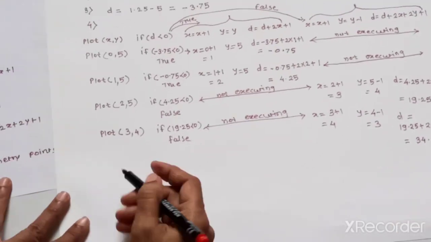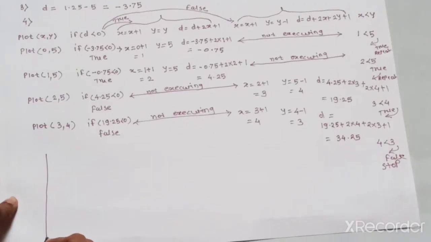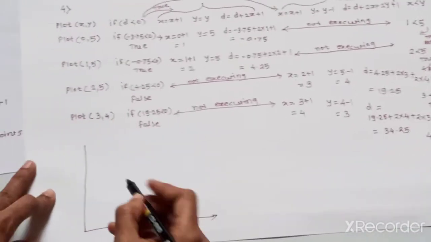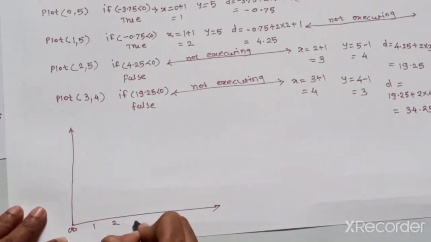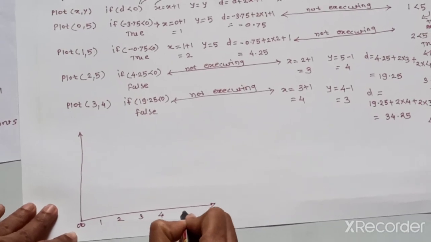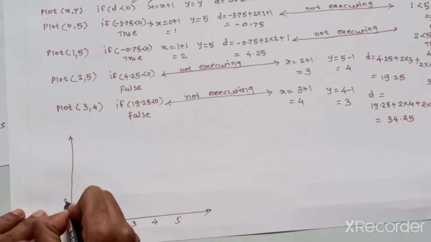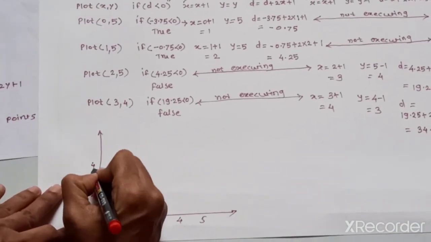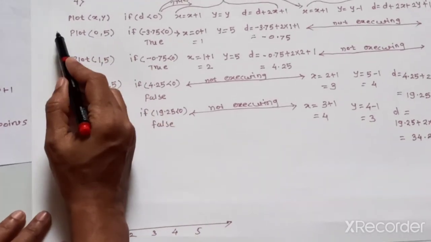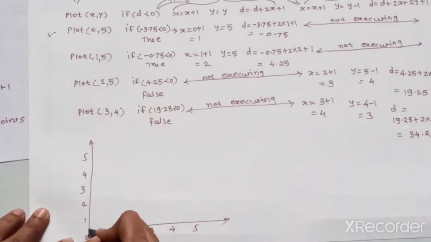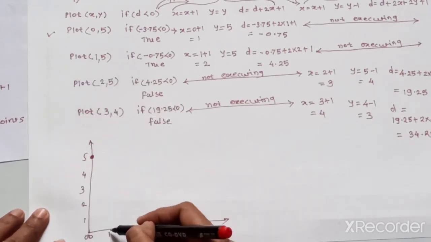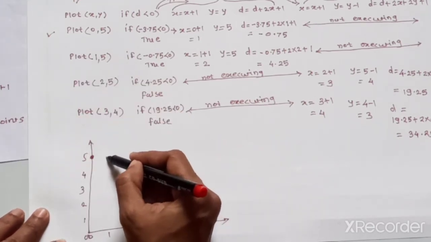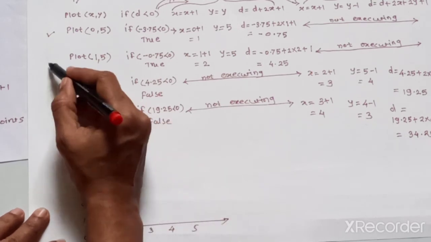So let us plot the points for the midpoint circle generation algorithm. Here is the 0, 0, 1, 2, 3, 4 and 5. Here 1, 2, 3, 4. What is our first point that we want to plot? 0, 5. So here will be our first point. Next is 1, 5. So here we are getting 1, 5. This is our second point.